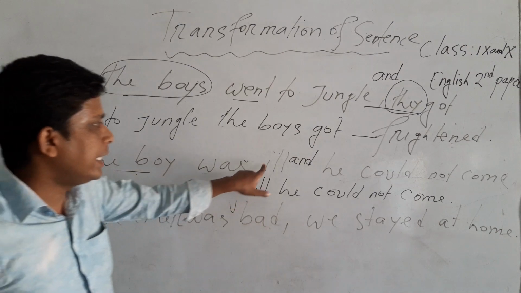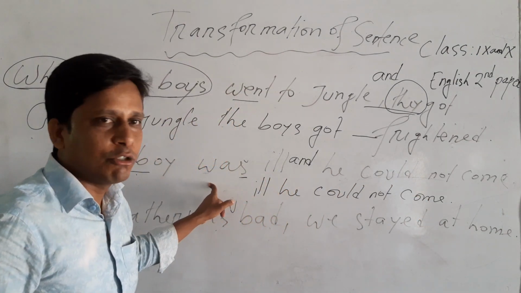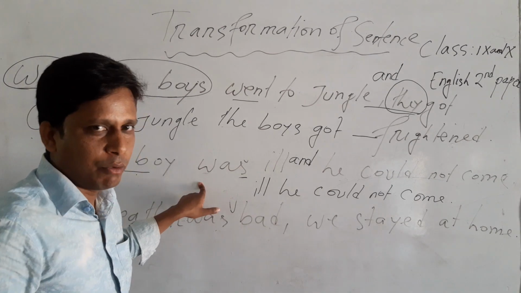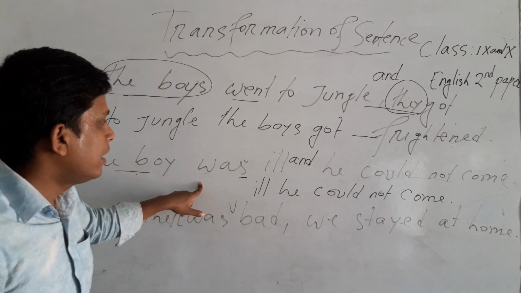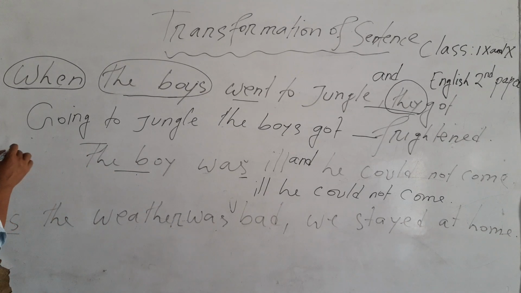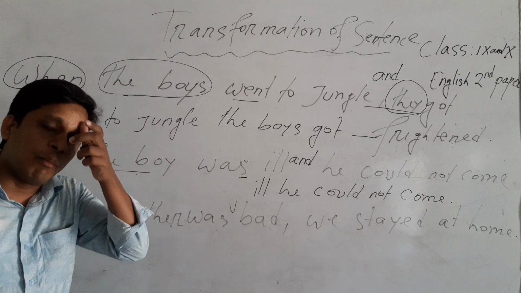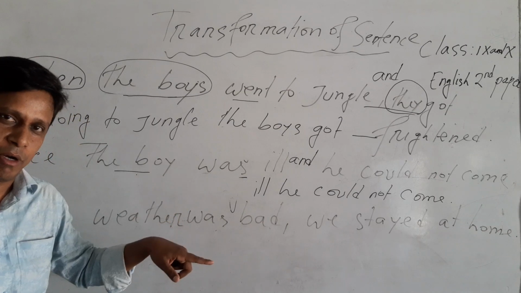The boy was ill and he could not come. I have already mentioned that if the two clauses are connected with as, since, when, then we will use "and" if we want to change the sentence into compound.